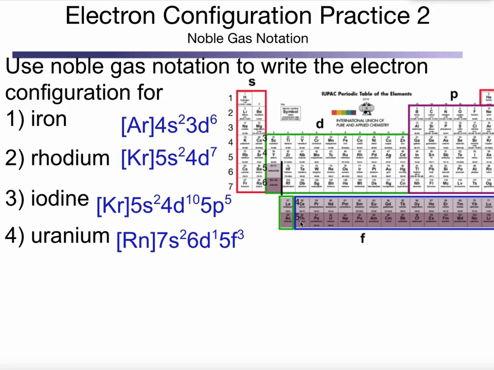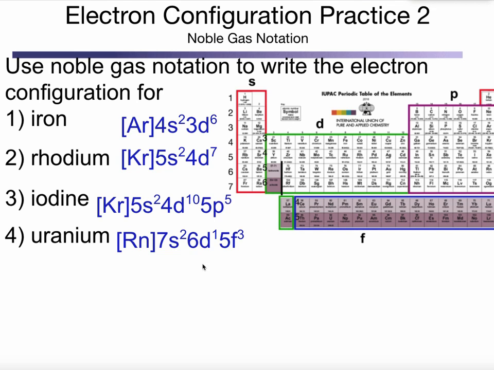So 5f fills after 7s, and it fills sort of around the same time as 6d. It's a little bit strange. So uranium puts 2 electrons into the 7s. It puts 1 electron into the 6d, which is why I've got this boxed in green as being a d element. And then 1, 2, 3 is uranium.